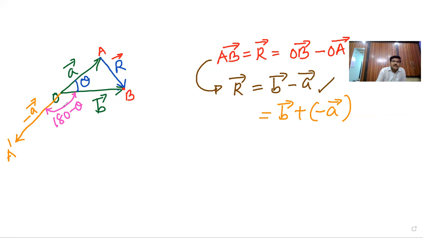That means the angle between B bar and minus A bar is 180 minus theta. Clear? Now, what is this saying? It is only addition. The plus symbol says addition of B bar to the minus A bar.